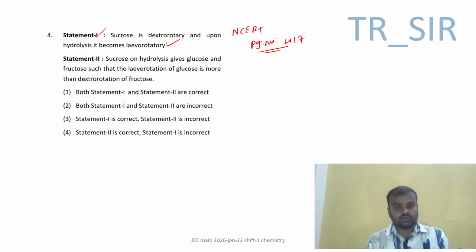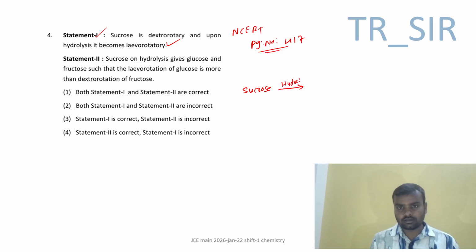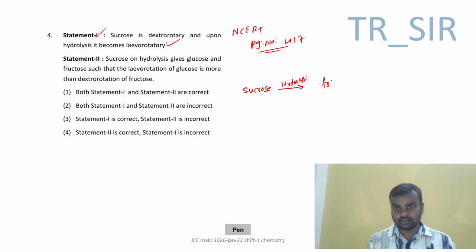Why? Sucrose upon hydrolysis will give levorotatory. How? Let us see here. Sucrose on hydrolysis gives alpha-D-glucose and fructose. So fructose plus glucose you are getting.